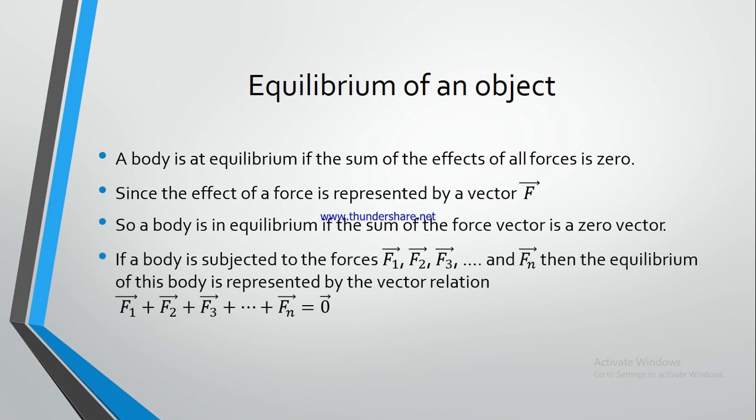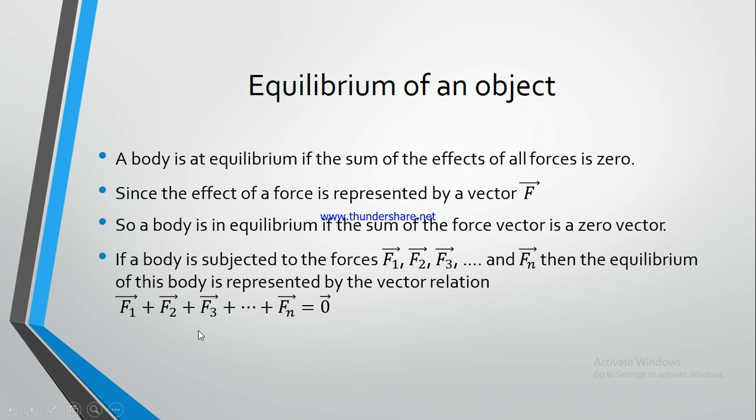So if we have an object that is subjected to multiple forces F1, F2, F3 to Fn, this object is at equilibrium if we have this vector relationship. The sum is a vector 0. So F1 vector plus F2 vector plus F3 vector plus Fn vector is a 0 vector.